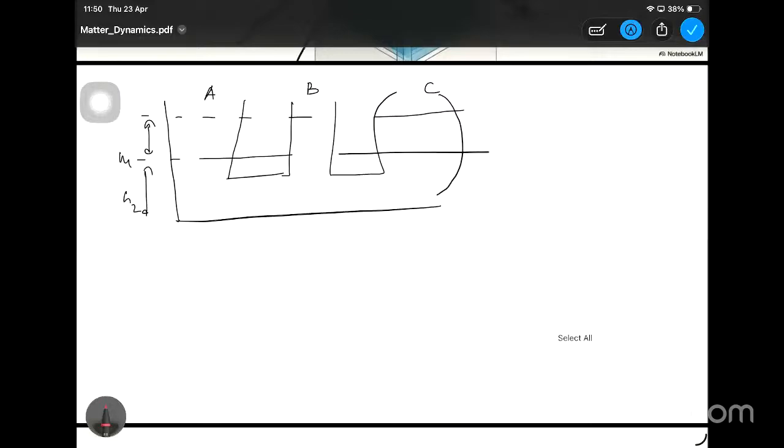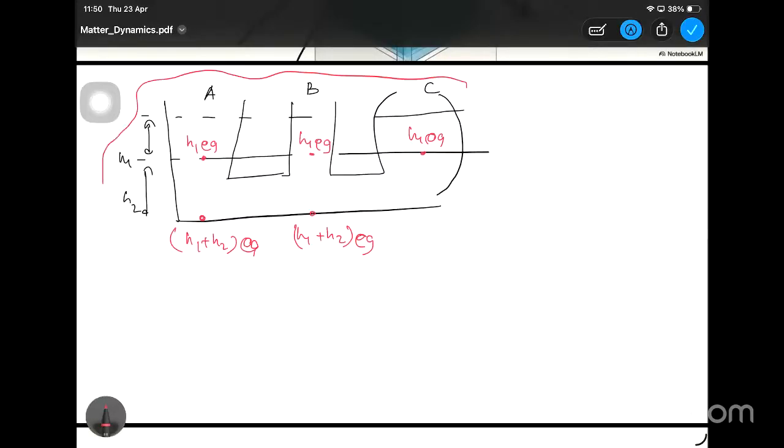This point will have H1 rho G, and this point also the same H1 rho G. This point also H1 rho G. If you consider this point, it will be H1 plus H2 rho G. Same thing, H1 plus H2 rho G. Likewise, it will happen, which means the shape of the container does not matter for the pressure.